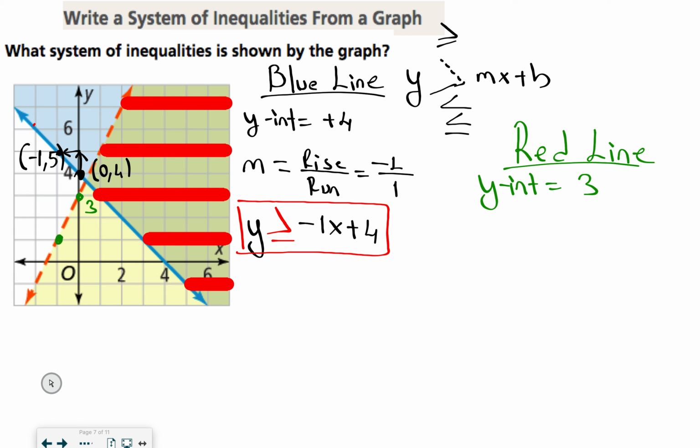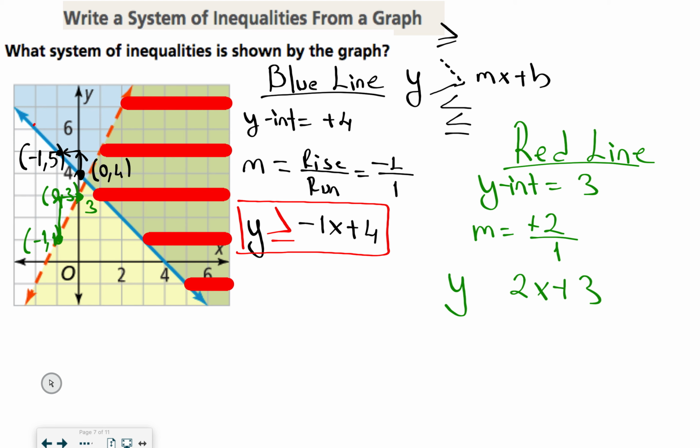You can choose another point by using these 2 points. This is 0, 3 and this is negative 1, 1. You can use the slope formula or you can use rise over run. 2 units up, rise over run, 1 unit run. Since I am running right, this is going to be positive. So my inequality will be y is 2x plus 3.